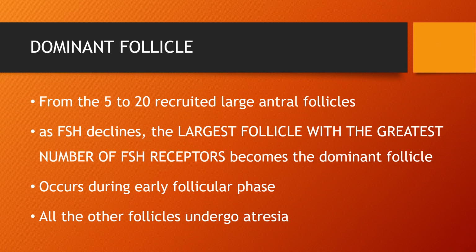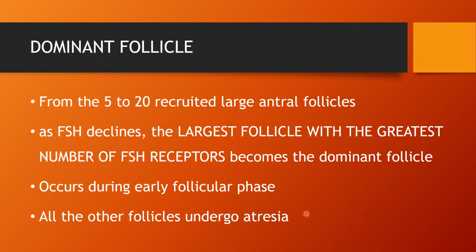So the dominant follicle will come from 5 to 20 recruited large antral follicles. As FSH declines, the largest follicle with the greatest number of FSH receptors becomes the dominant follicle. Okay.